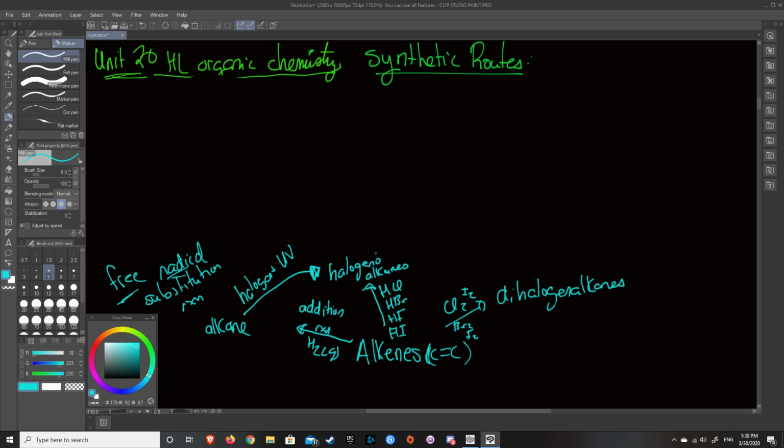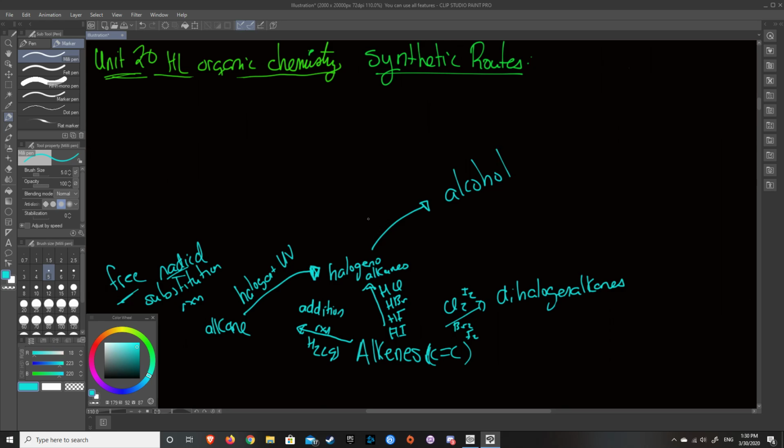Okay, so then once we have the halogenoalkanes, from this we can form alcohols pretty easily. We don't know much about their reactivity. That's not necessarily included in the syllabus, but we know that we can react it to an alcohol.